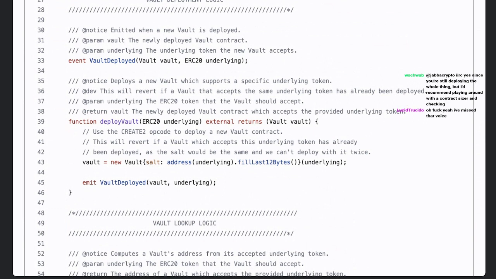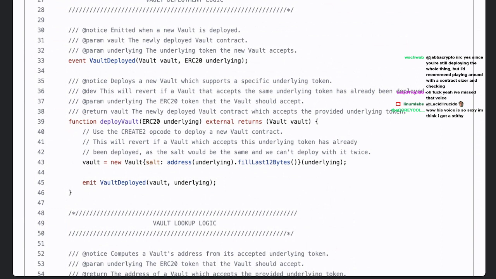Okay, and then the meat of this contract is the deploy function. The only special thing is, it creates a new vault. It uses this bracket salt syntax, which is a way to use the create2 opcode to deterministically create contracts from a salt. In this case, the salt, which is used to determine the address, is the underlying token.